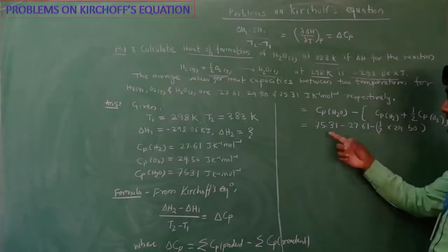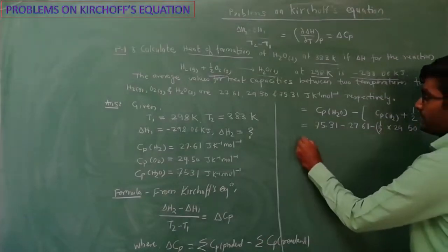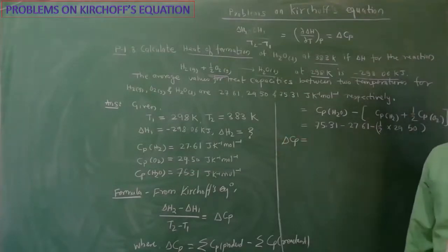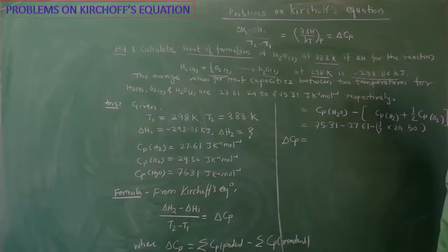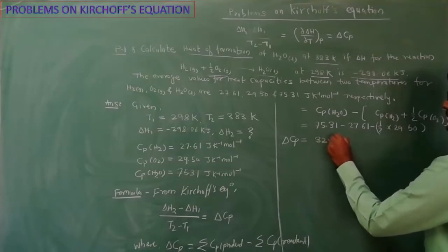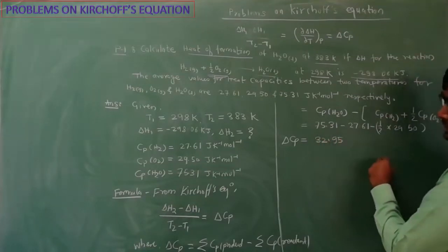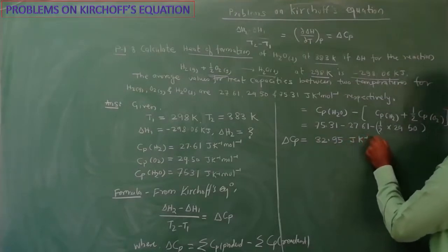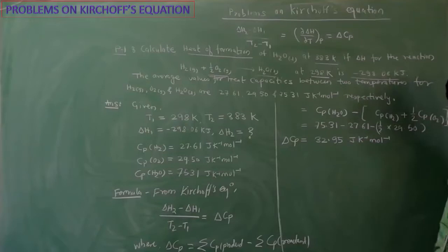If we simplify this, we get the answer. Therefore, delta Cp is equal to, I will write the direct answer, 32.95, and its unit is joule per Kelvin per mole.